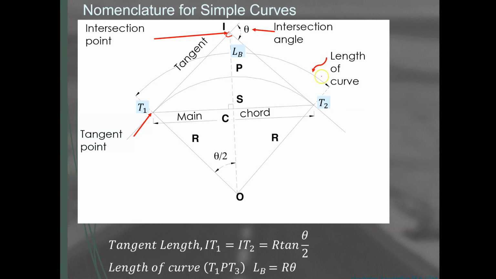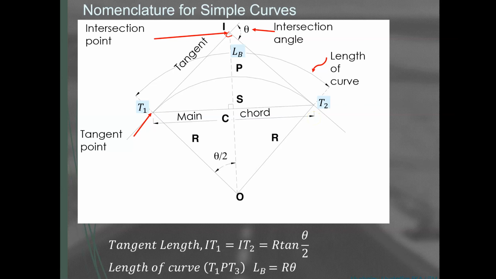The intersection angle is theta, which means this angle here will be theta over 2. Point P is just a point on the curve, whereas point S is the midway point of the main chord, the straight line, the horizontal distance between T1 and T2.